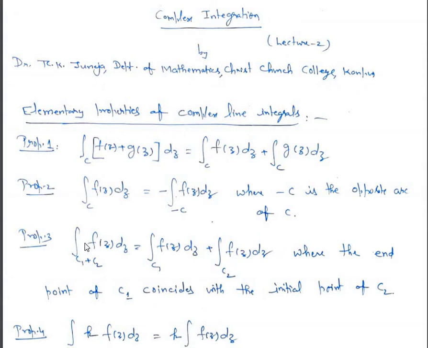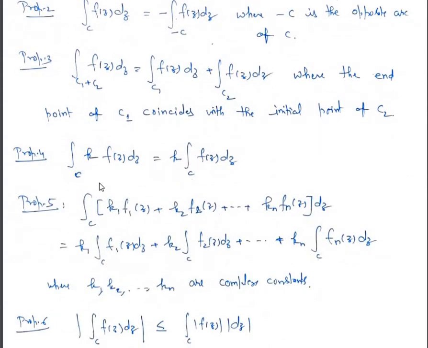Third property: the integral over C1 + C2 of f(z) dz is the integral over C1 of f(z) dz plus the integral over C2 of f(z) dz, where the end point of C1 coincides with the initial point of C2. Property 4: the integral over C of k f(z) dz is equal to k times the integral over C of f(z) dz.